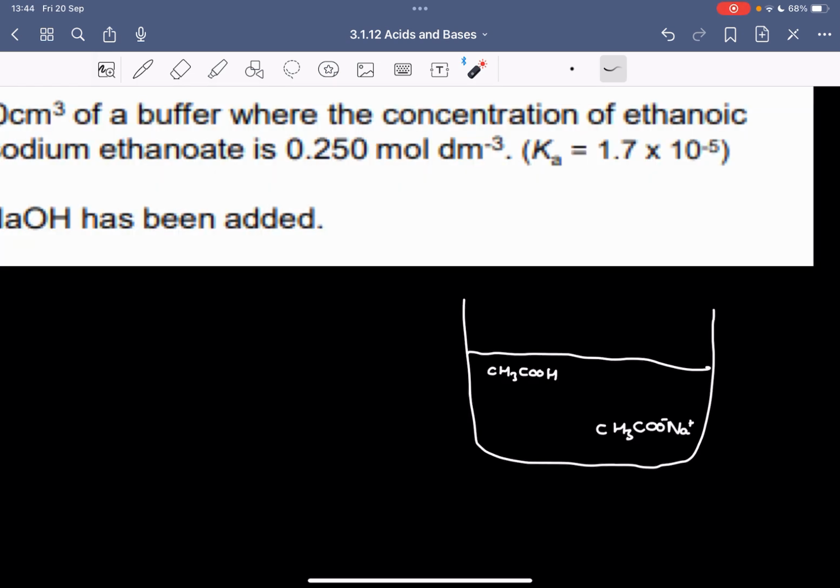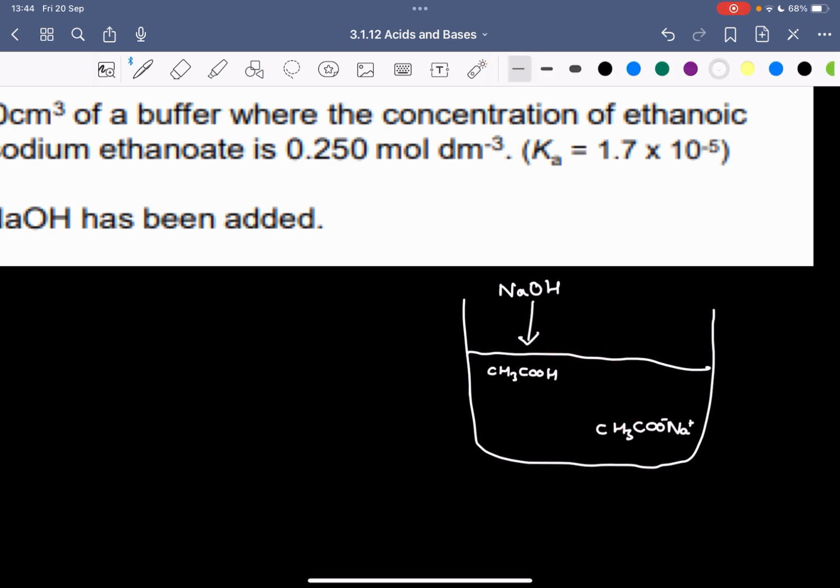Okay, so here we have our buffer solution, and inside the buffer solution we have some moles of ethanoic acid and then sodium ethanoate. And once we add the sodium hydroxide, essentially that just reacts with the ethanoic acid and that forms more of this.